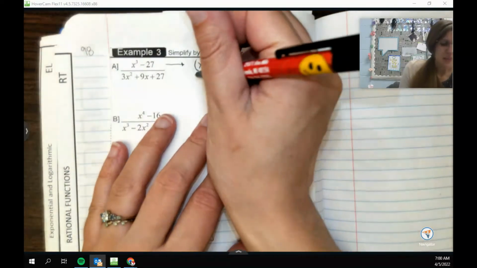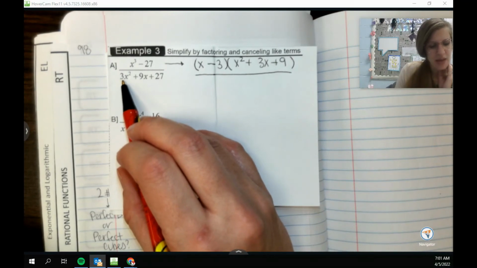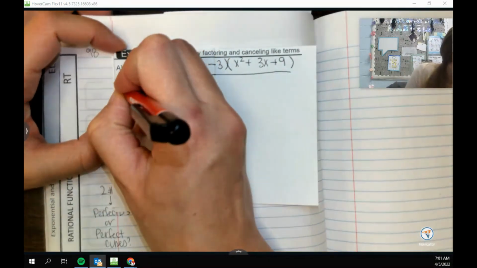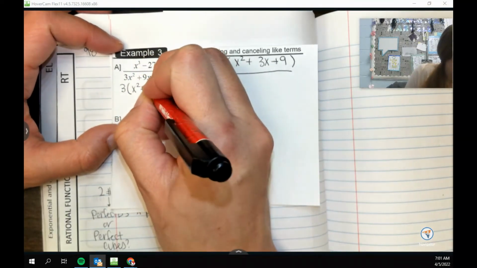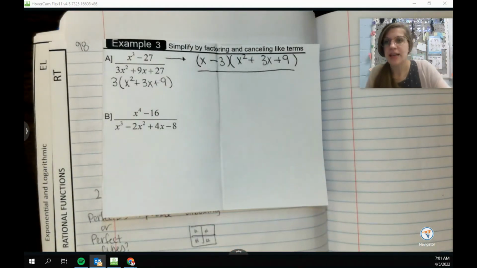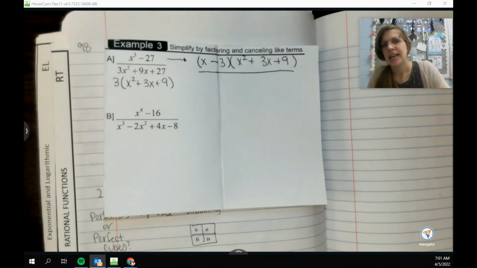Now on the bottom, I should be looking for a GCF first, which I do notice that they have one, a 3. So then I have x squared plus 3x plus 9, which then I could try the x puzzle on. So I'd be thinking like what multiplies to 9 and adds to 3.